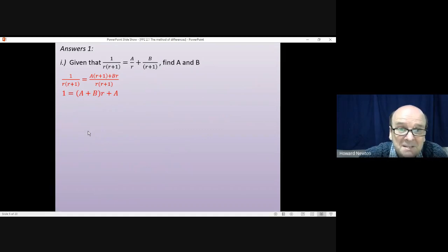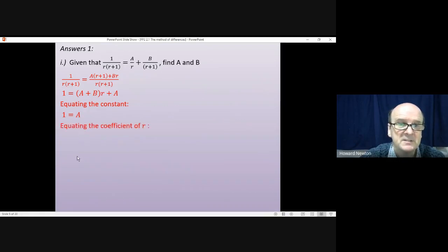Just multiplying the brackets, collecting together terms, we'll get 1 is equal to (a+b) times r plus a. Looking at the constant on both sides, on the left-hand side the constant is 1, and on the right-hand side the constant is a. Therefore, a must equal 1. Then we'll look at the coefficient of r. There are no r's on the left-hand side, so the coefficient of r is 0 on the left.